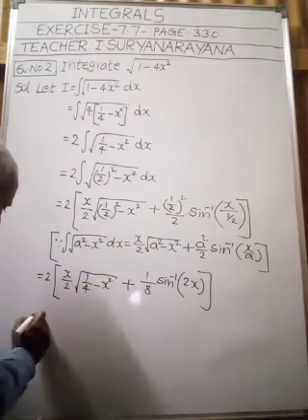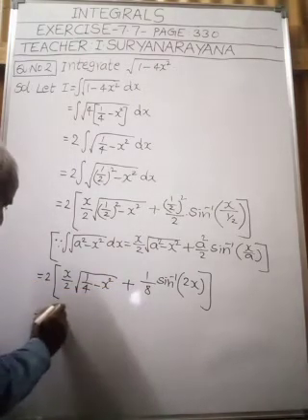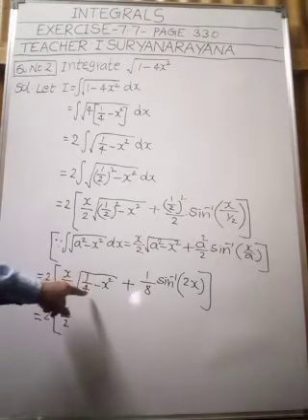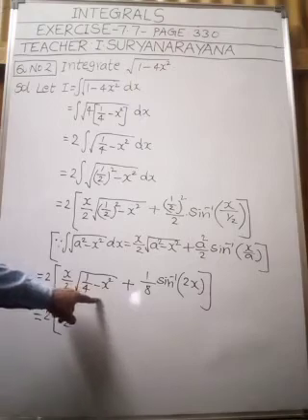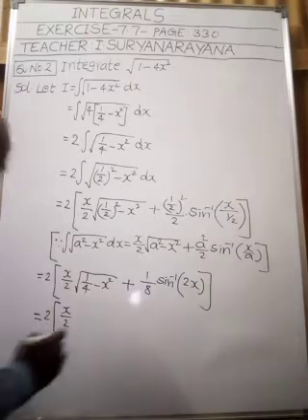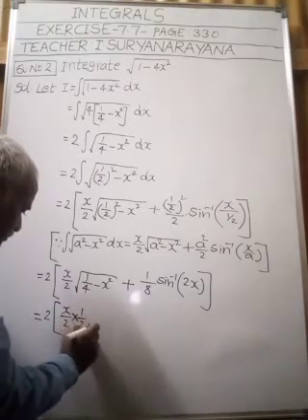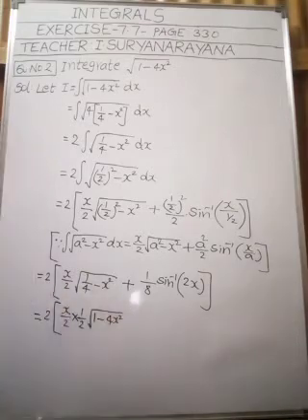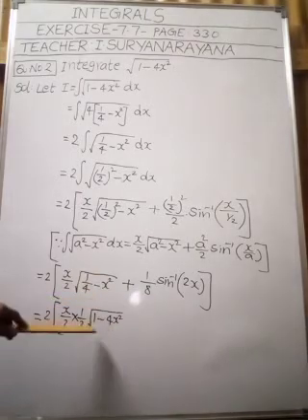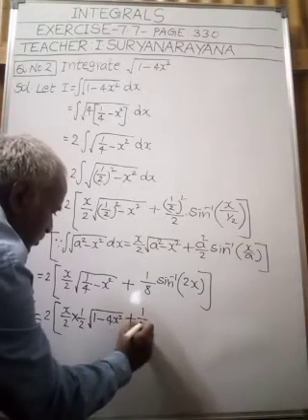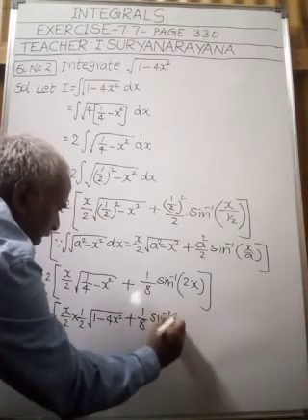Right. Again let us simplify. 2 into x by 2. If you take the LCM here, 4 is the LCM. So if you take out 2, we get 1 by 2 into square root of 1 minus 4x square. I am writing this part directly by simplifying the function. 1 minus 4x square plus 1 by 8 sin inverse of 2x.